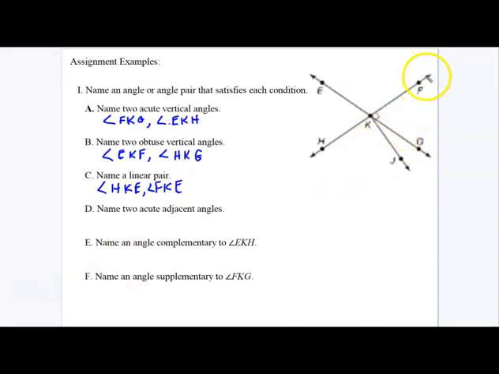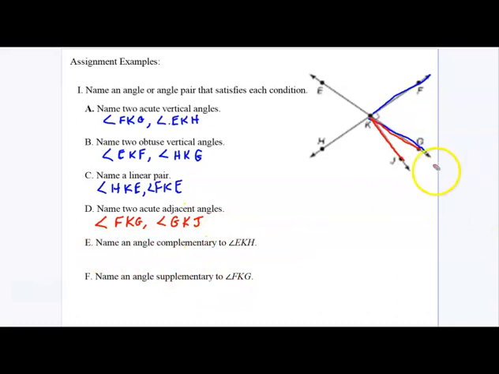Going back to this angle we looked at earlier, FKG is less than 90, and it's adjacent to GKJ. GKJ is also less than 90. So those are two acute angles. That means they're both less than 90 degrees, but they are adjacent. So FKG, GKJ.